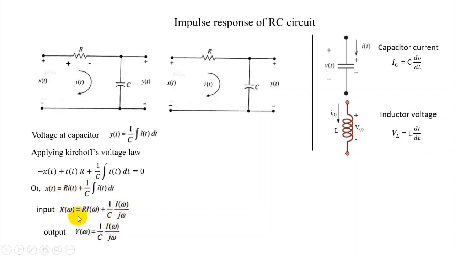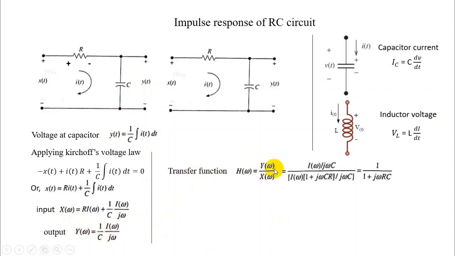In this way we can represent the input in the frequency domain, X(omega), and to get the transfer function of the system, H(omega) is the ratio of output and input in the frequency domain.